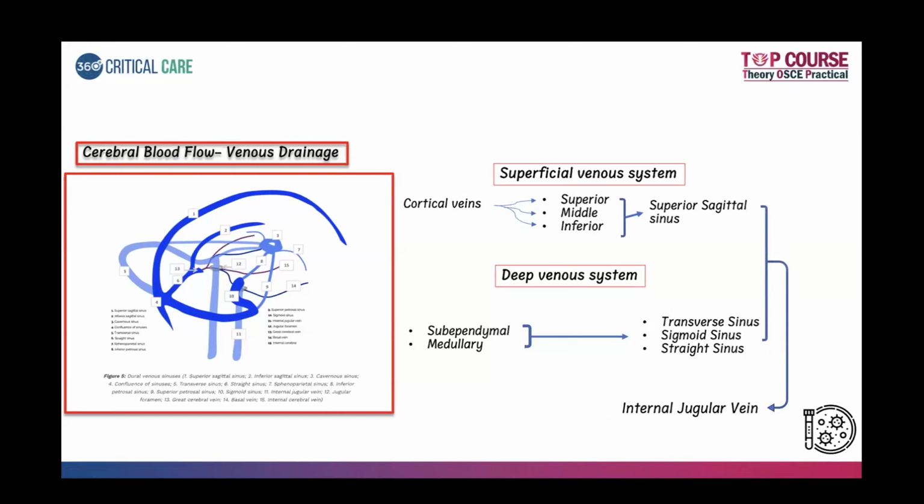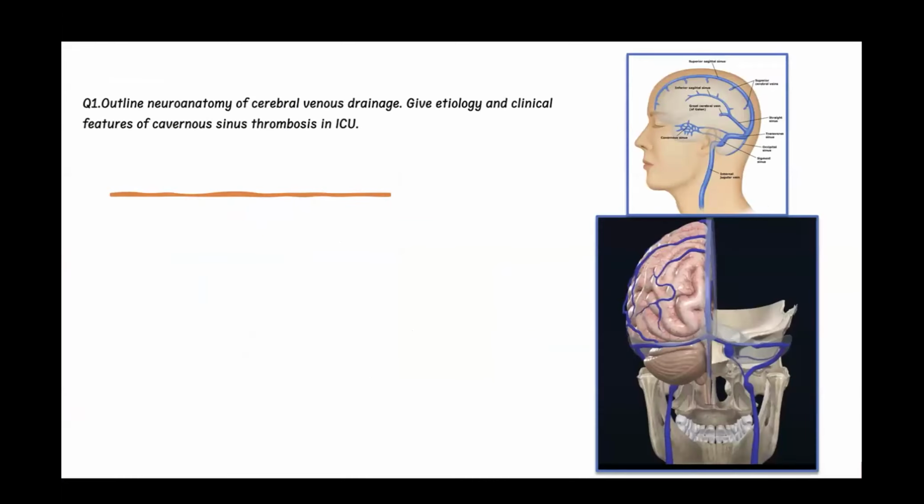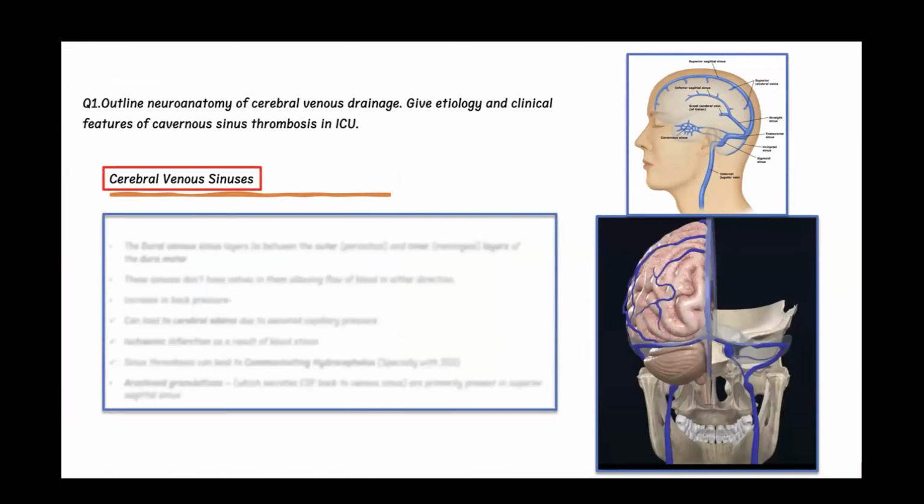Now, how do you put your cerebral venous sinus thrombosis into the anatomical context is the next part of it. So cerebral venous sinuses are very peculiar structures. The dural venous sinuses lie between the outer periosteal and the inner meningeal layer of the dura mater. So all the venous channels lie between the two layers of the dura mater.